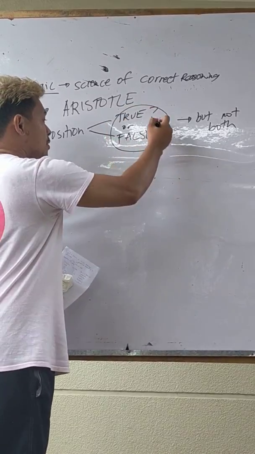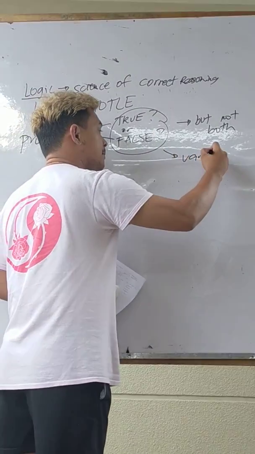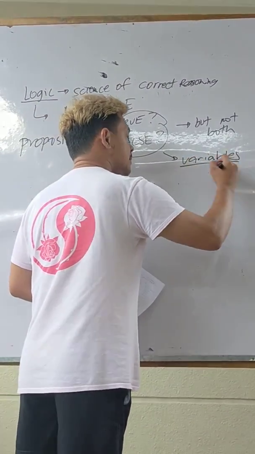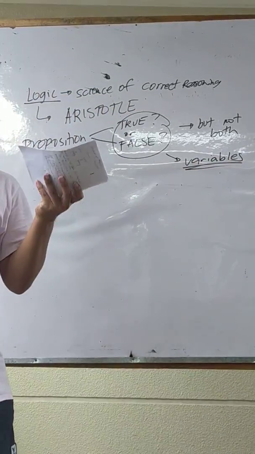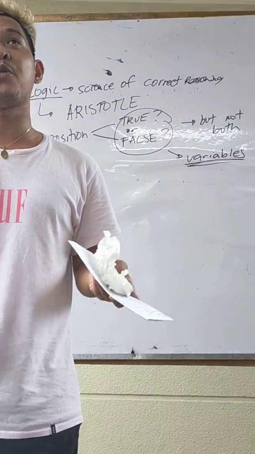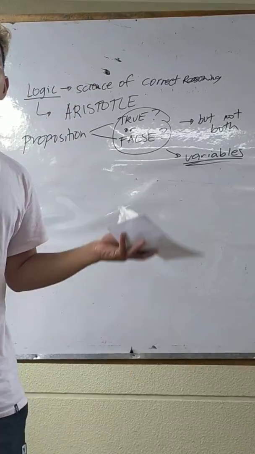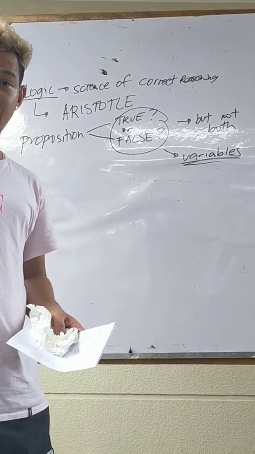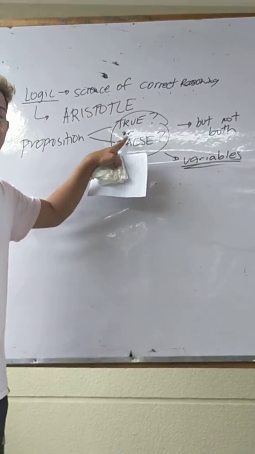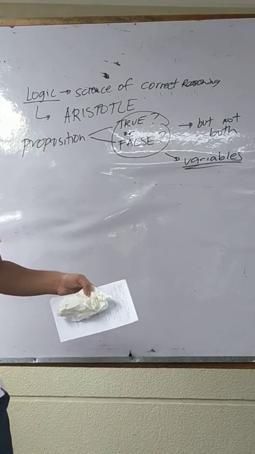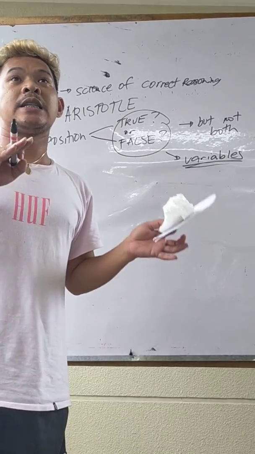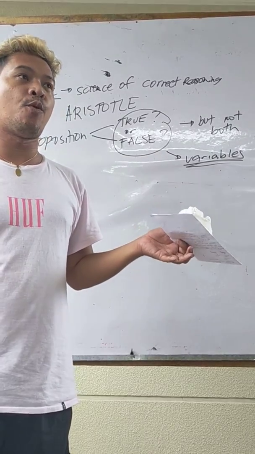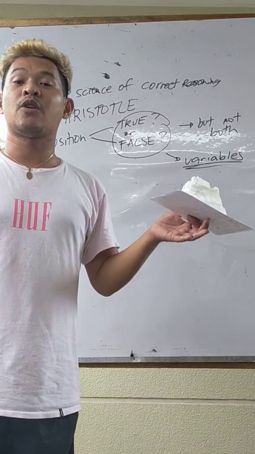So this proposition can be true or false, and these true or false values are the variables for logic. If in algebra we use variables to represent numbers, in logic we use variables to represent propositions. Actually, true or false is the same term as a numerical constant.